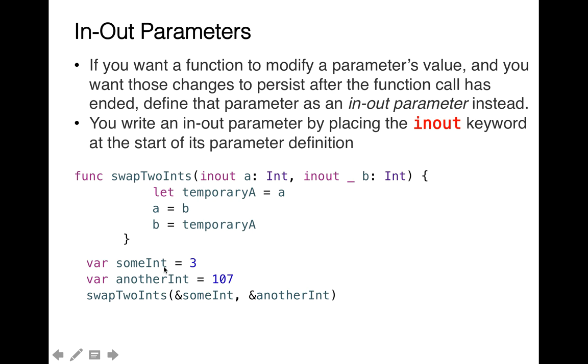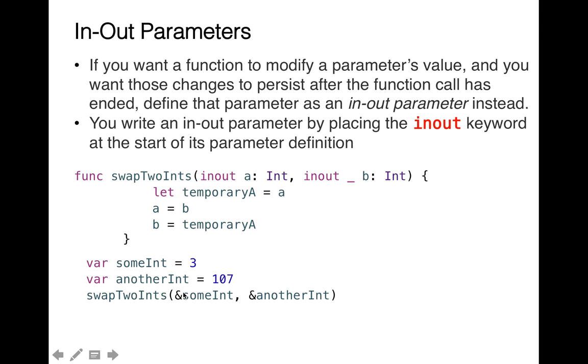Let's see here. someInt equals 3, and anotherInt equals 107. When you pass by reference, you need to put an ampersand before the variable. So after you call this function, someInt will become 107 and anotherInt will become 3.